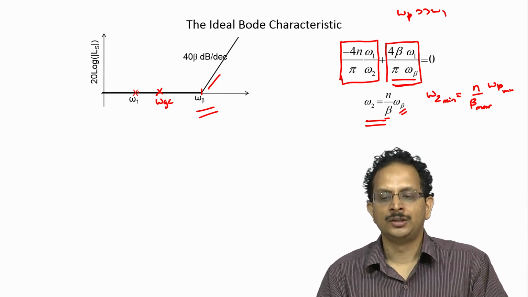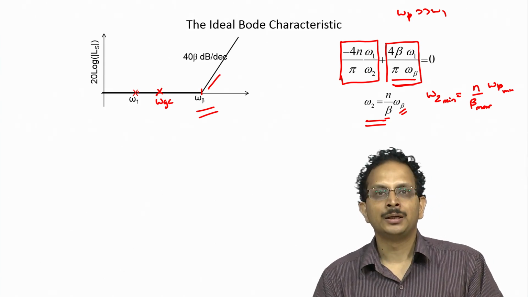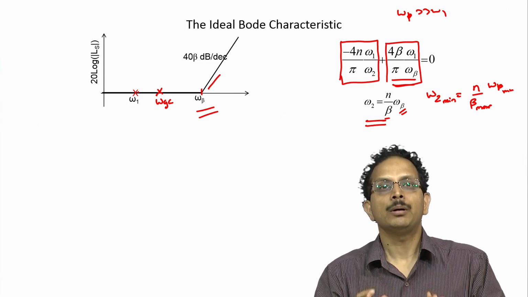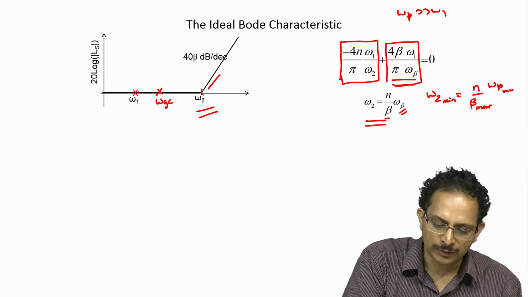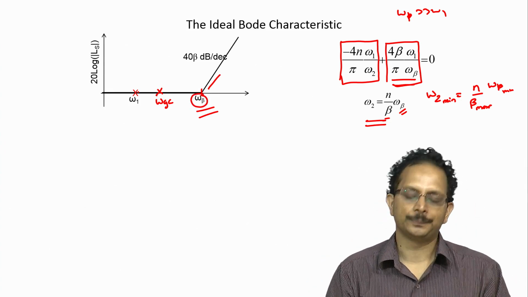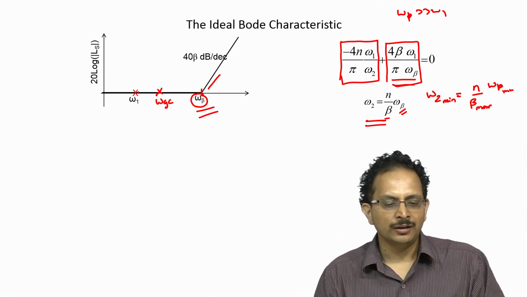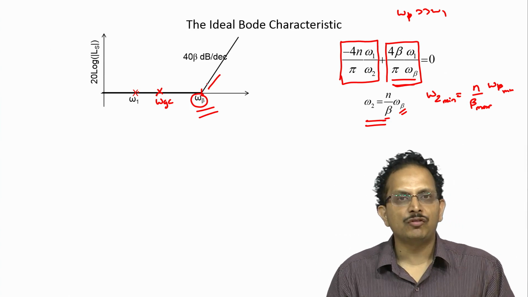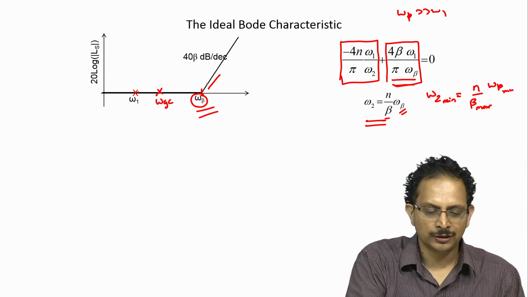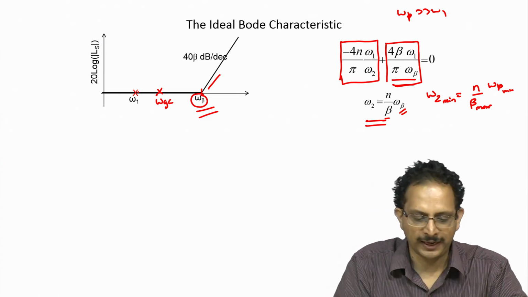Now the question is, what is the maximum possible value for beta and what is the minimum possible value for this frequency omega beta at which we can introduce this positive slope? To answer this question, we need to understand what this kind of positive characteristic does to the already existing characteristic of our loop gain.